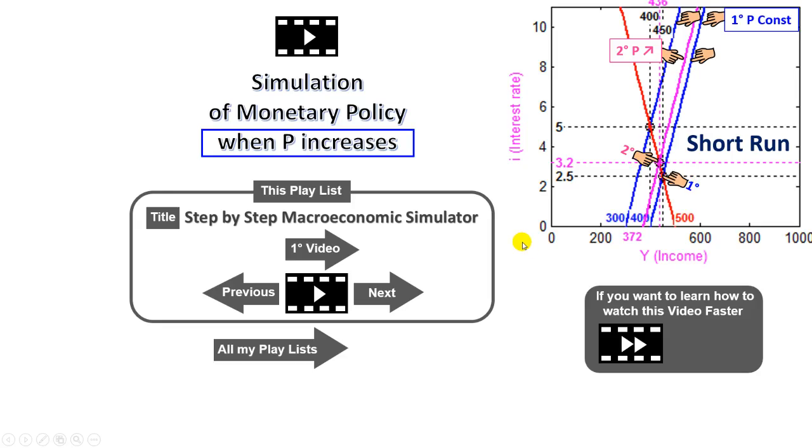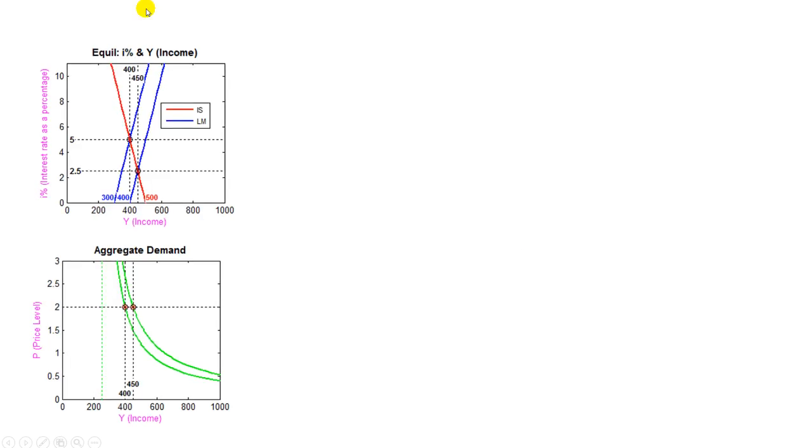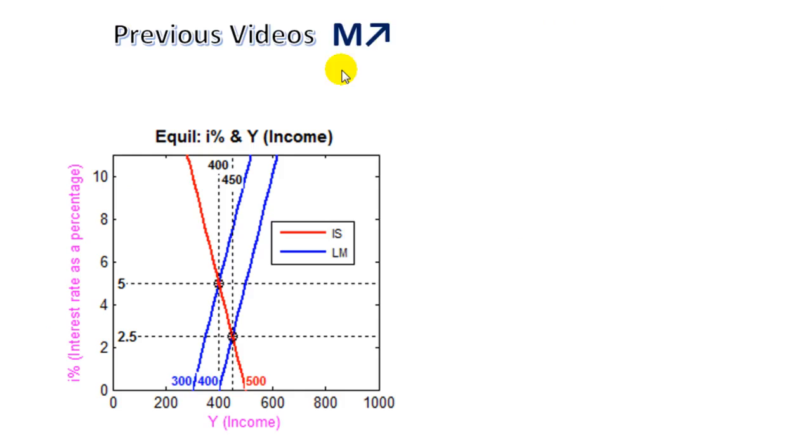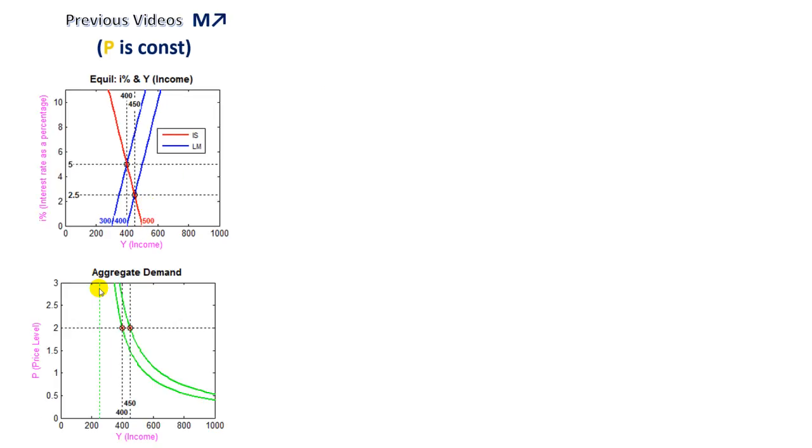Okay, let's get started. In previous videos we saw that when money increases and price level is constant, then we pass from here to here in this graph, and there is a shift of the aggregate demand curve.